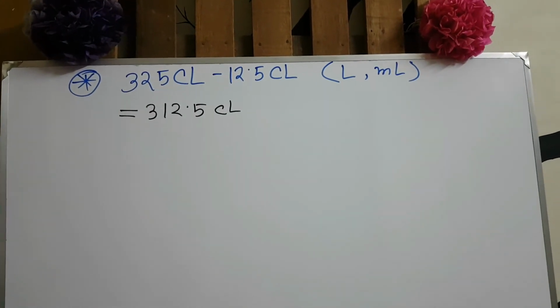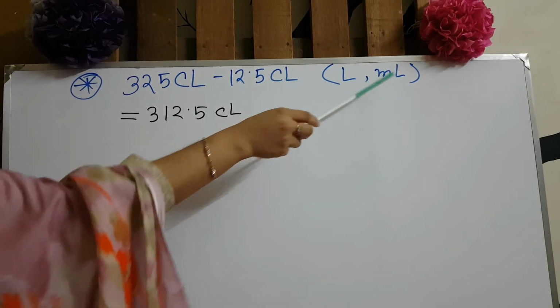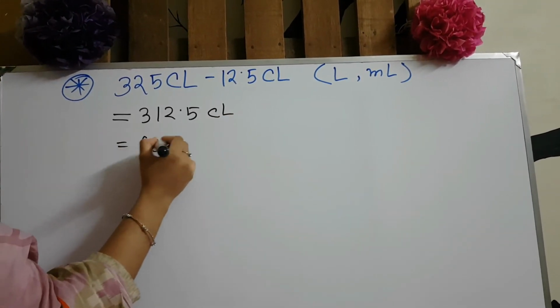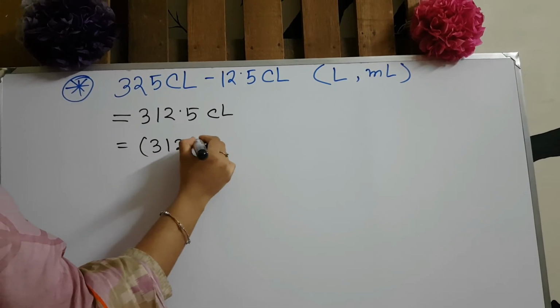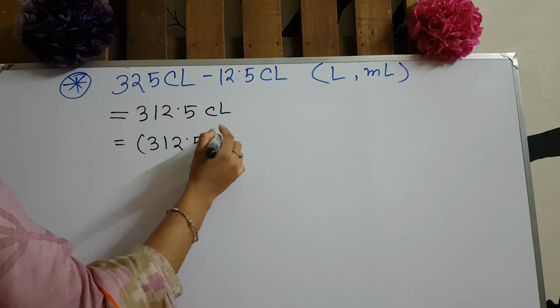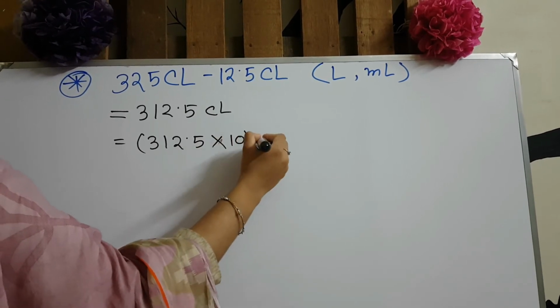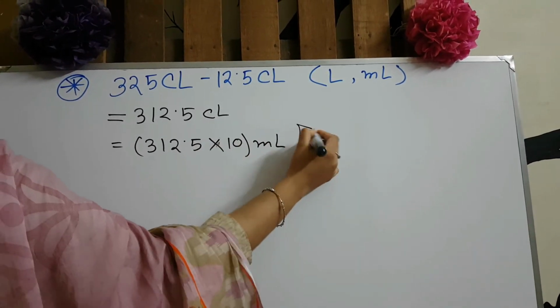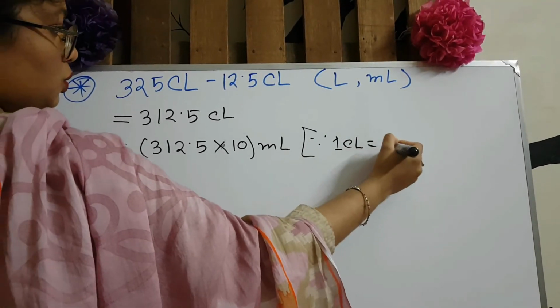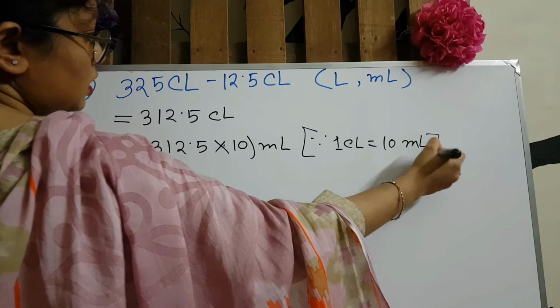Now we will convert it into milliliter. 312.5 multiplied by 10 milliliter, since 1 centiliter is equal to 10 milliliter.